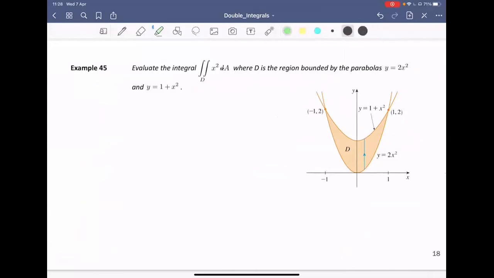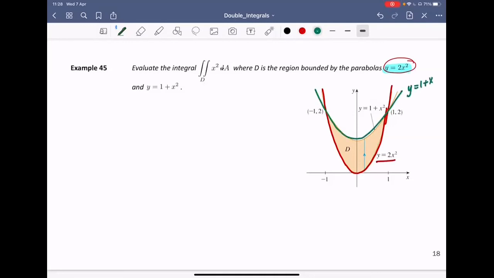Now I have a parabola y equal to 2x squared, which I'm going to draw in red. And the green one here is y equal to 1 plus x squared.